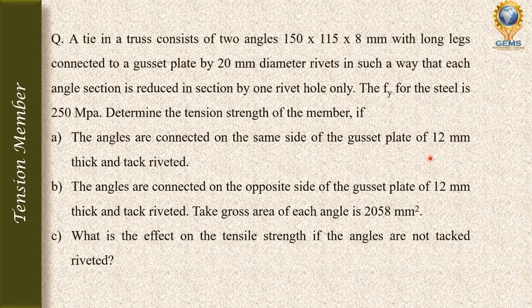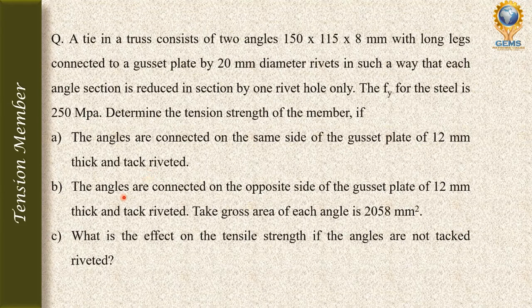Determine the tension strength of the member if three conditions are given. The first condition is the angles are connected on the same side of the gusset plate of 12 mm thick and tack riveted.